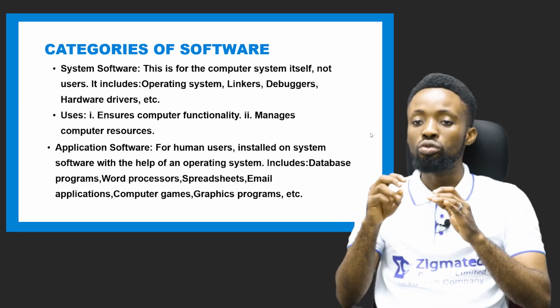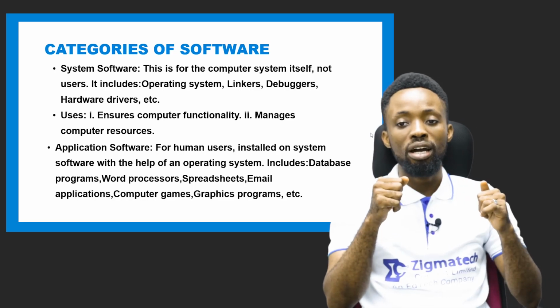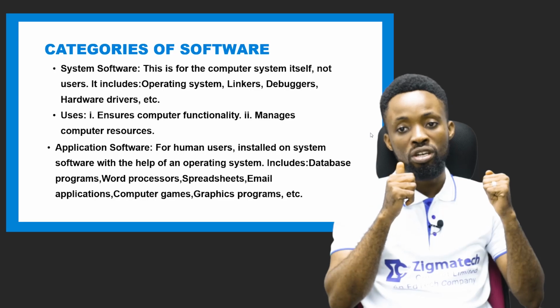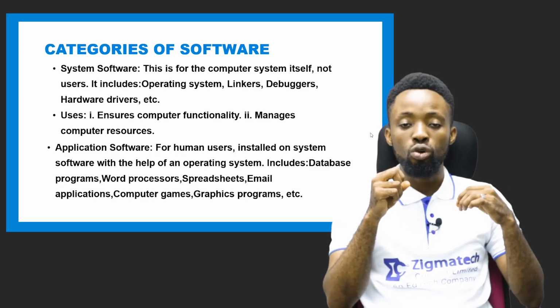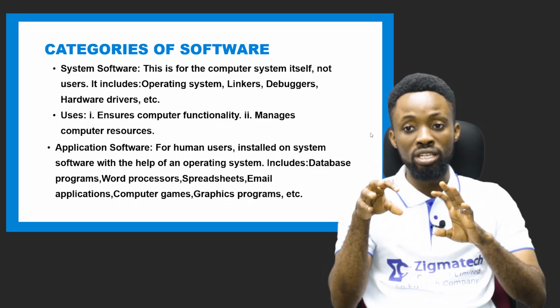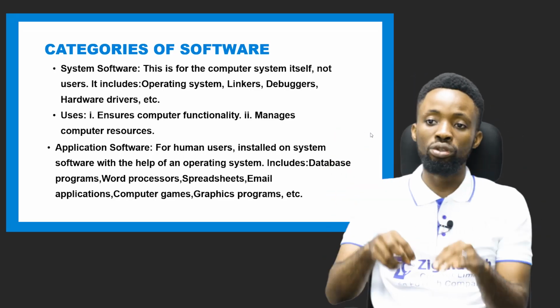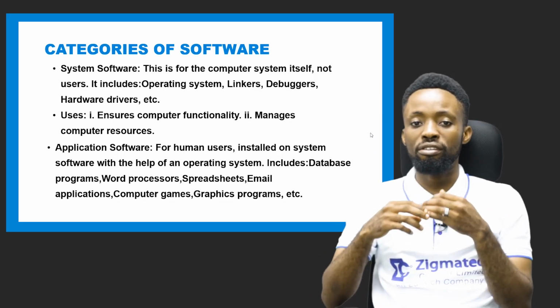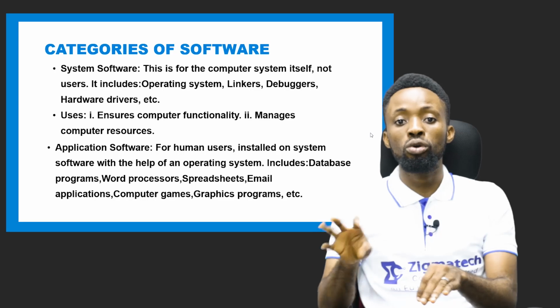Then the use of this system software can be for functionality and for resource management in the computer. So what I'm trying to say in essence is that one use of GIS system software is that it helps the computer to function effectively, meaning that if they are not there, the computer will not function.